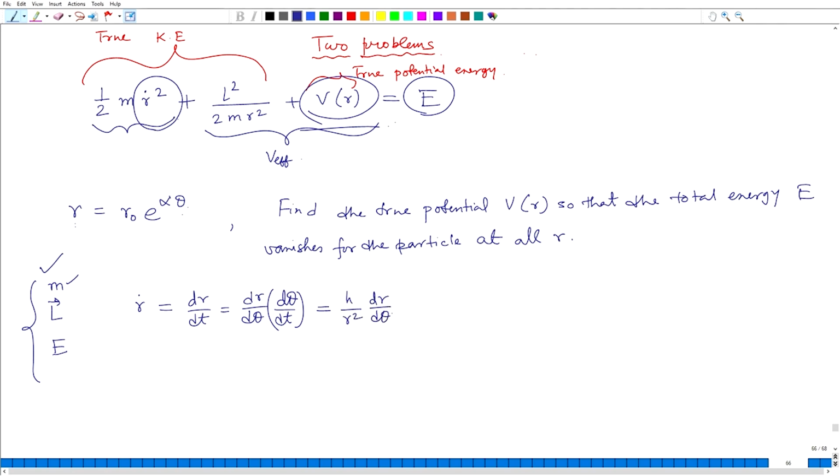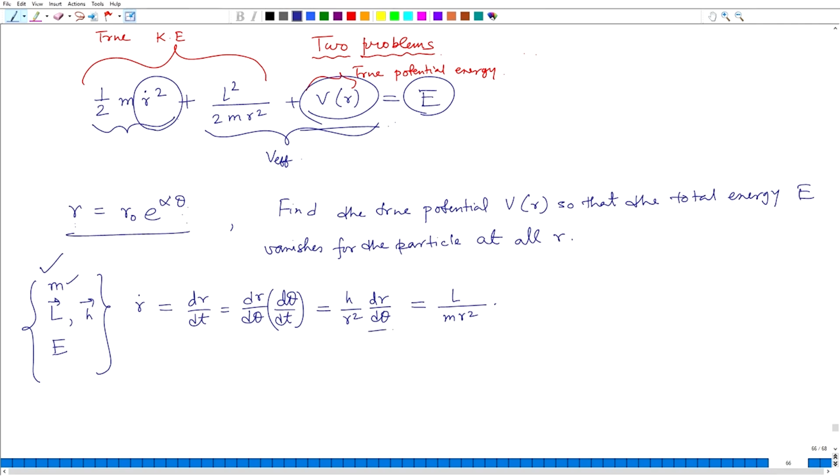You can also write h by r square as L by m r square, that is your choice. H is also a constant of motion. Then dr d theta you can determine from this information.